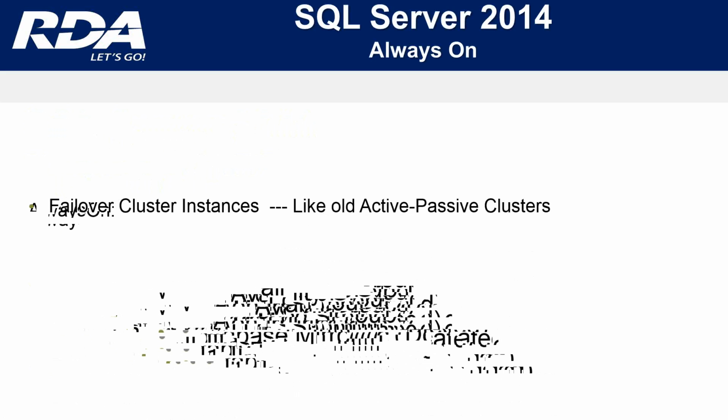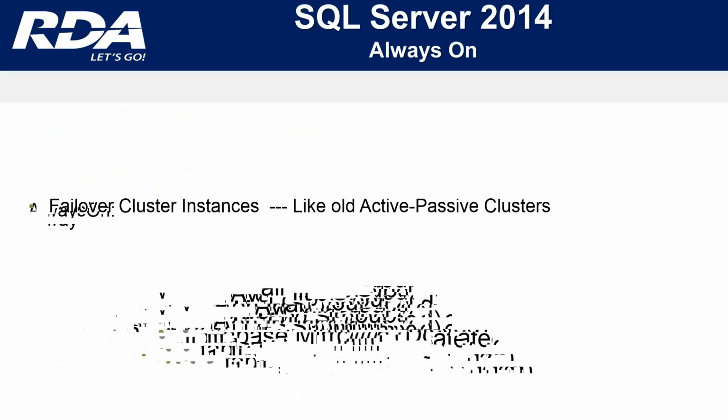A failover cluster instance is primarily an on-premise instance. It fails over at the instance level, and typically they will share storage.